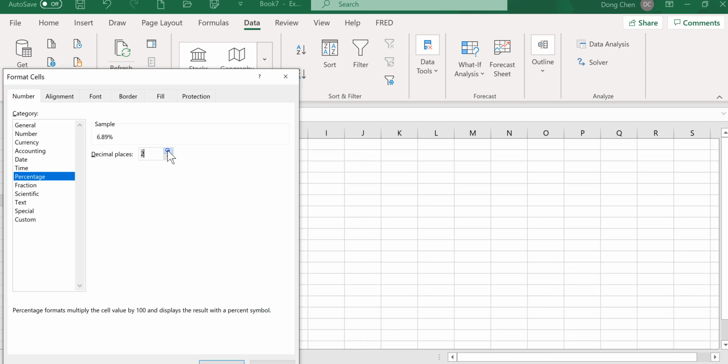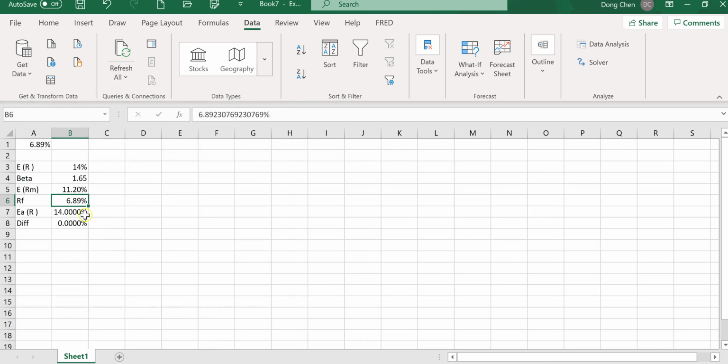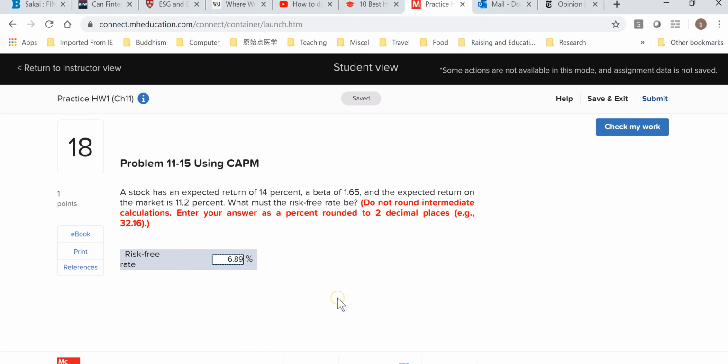But since Connect wants me to keep 2 decimal places, I changed the format. Now you can see this RF is the same as what we calculated earlier using the calculator or Excel formulas. So this is another way to get the same answer, and it assures you that you have the right answer because both ways give the same result, though here we used Excel's Goal Seek function.